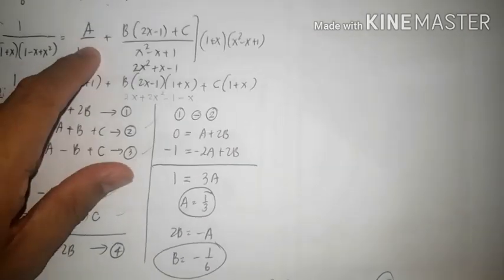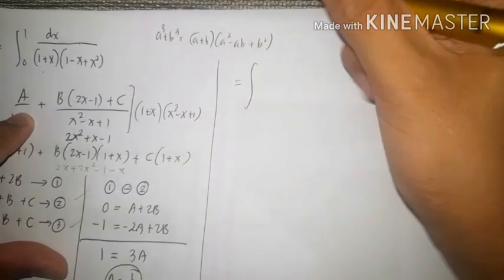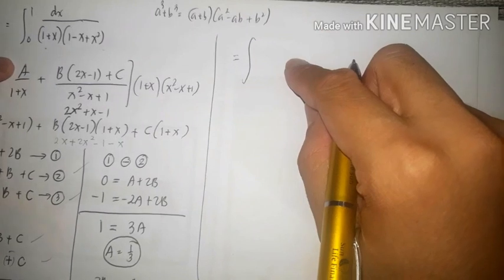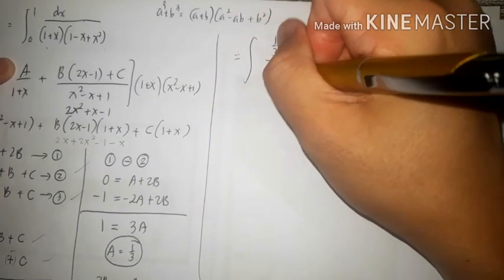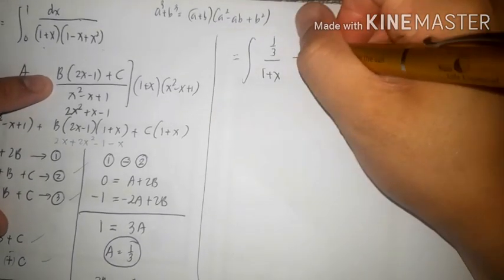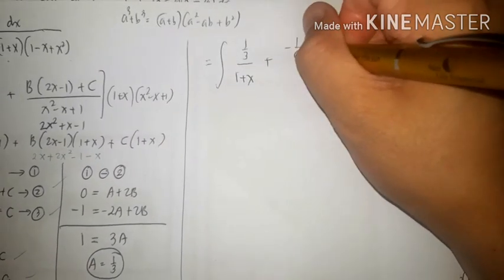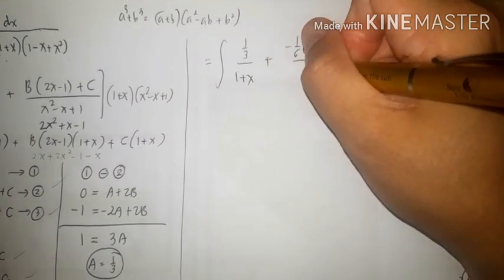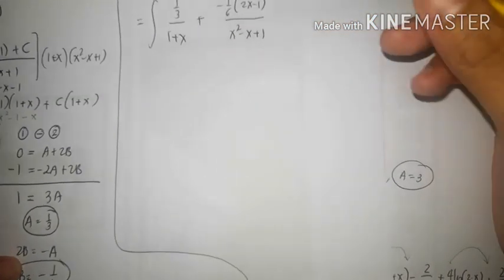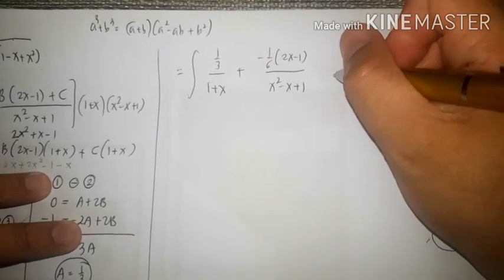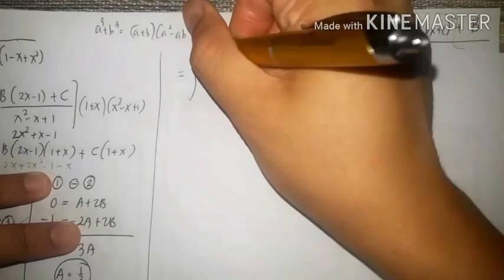Substituting into our partial fractions, our integrand now becomes: the value of A is 1/3, so 1/3 over 1 plus x, plus B, which is negative 1/6, multiplied by 2x minus 1 over x squared minus x plus 1, and the value of C is 1/2 over x squared minus x plus 1.